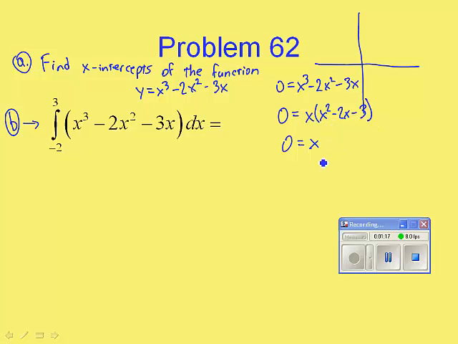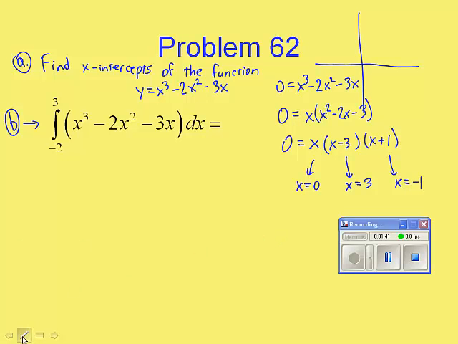Okay, now what do I do with this x squared minus 2x minus 3? That factors into x minus 3 times x plus 1, I think, works. And so I get 3 x-intercepts. I get x equals 0, x equals 3, x equals -1. Okay?